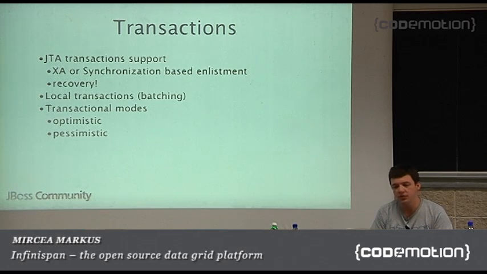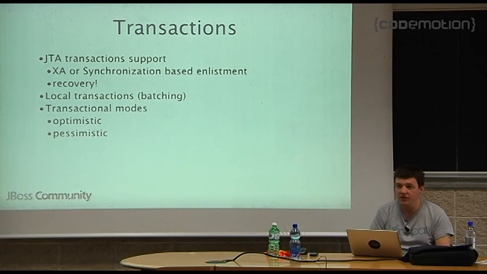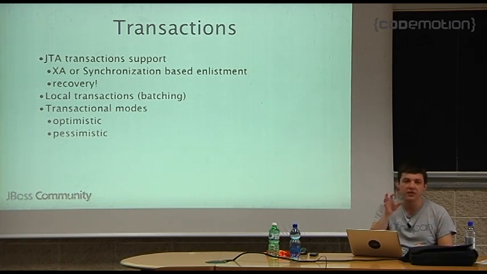It offers two transactional modes, optimistic and pessimistic transactions, depending on your data access and your application requirements. Optimistic transactions are a good fit when you don't expect concurrent writes to the same data. So you don't expect multiple users manipulating the same data at the same time, or it happens only a few times.